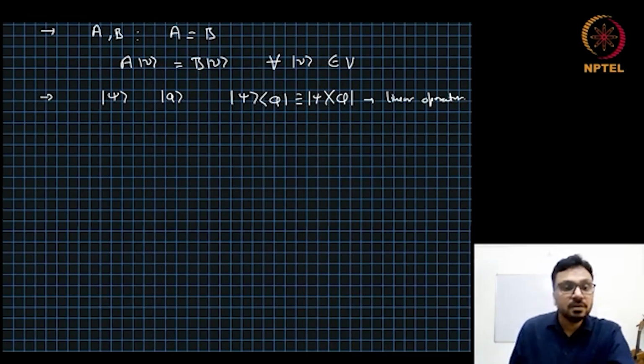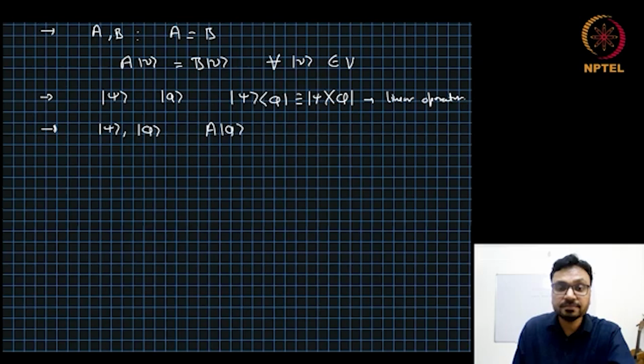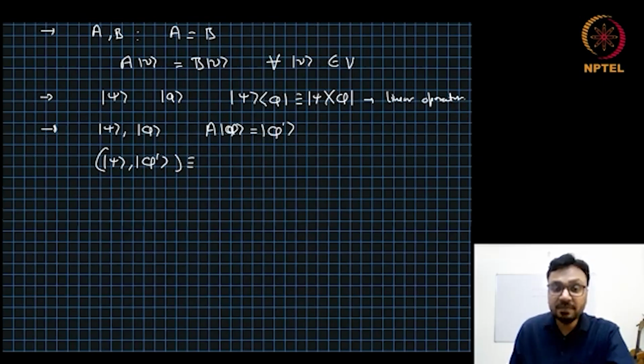Now if we have a vector psi and a phi, and we apply a linear operator A on phi, which will give us phi prime, then the inner product of psi and phi prime is <psi|phi'>, which is <psi|A|phi>.